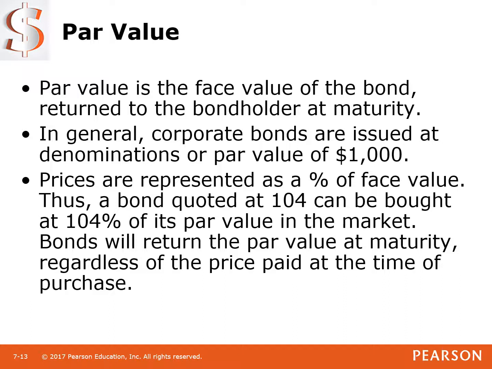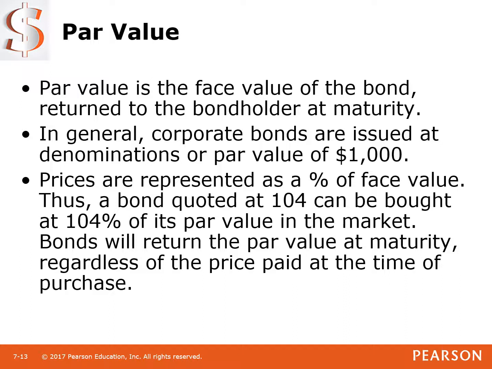In general, so that there's more opportunity for more people to purchase bonds, bonds normally have a par value, face value, maturity value of $1,000. And when they're quoted, they're usually quoted as a percentage of face value. So if a bond is quoted or selling at 104, it is selling at 104% of its par or face value.